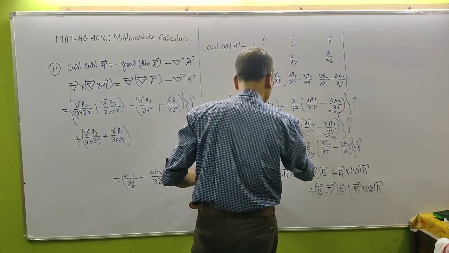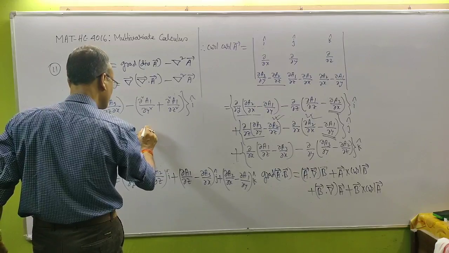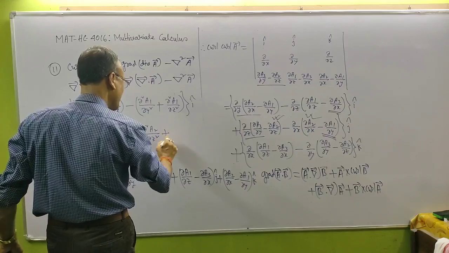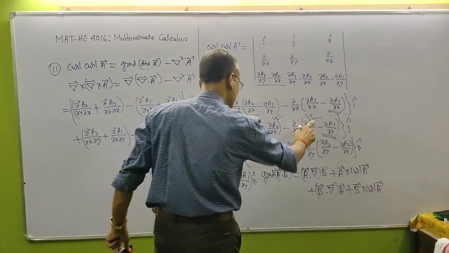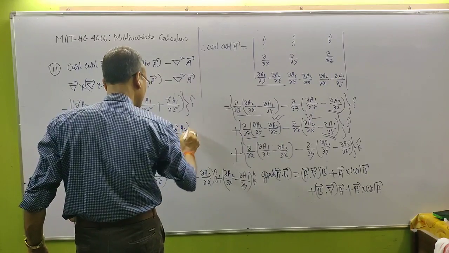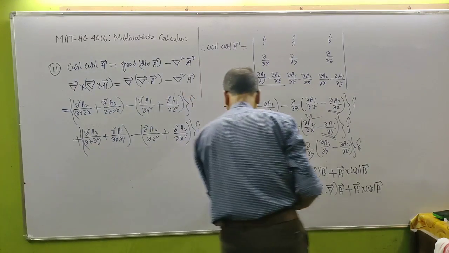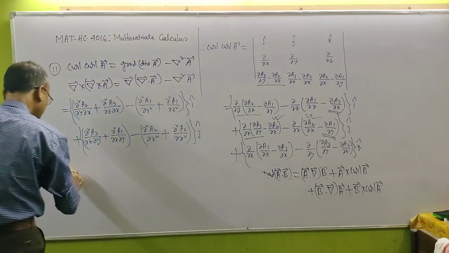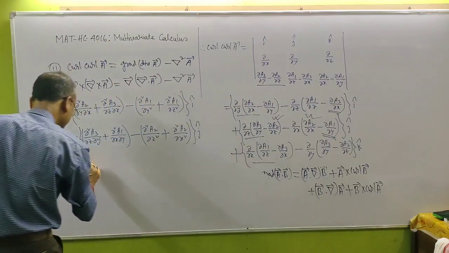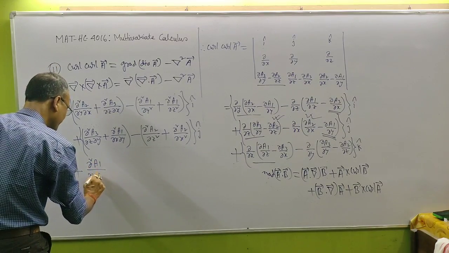Next write this one and this one. Minus, with a minus sign, del square A2 by del z square plus del square A2 by del x square. Z cap. This will be z cap. Plus, first write this one, del square A1 by del x del z.